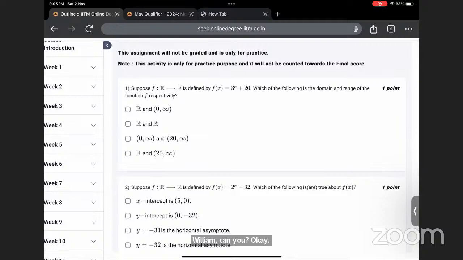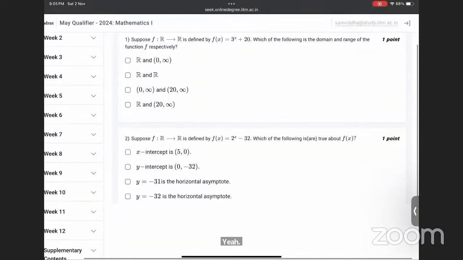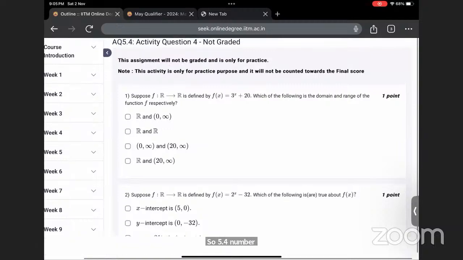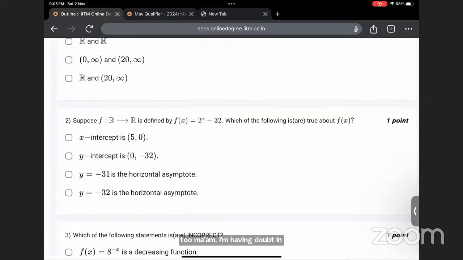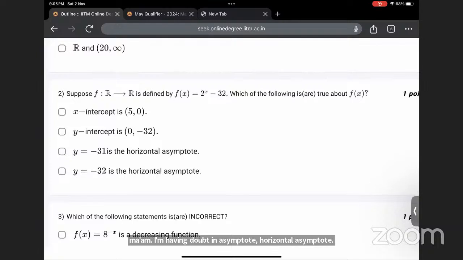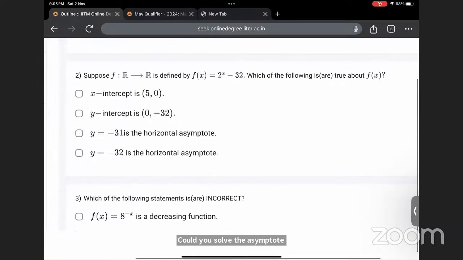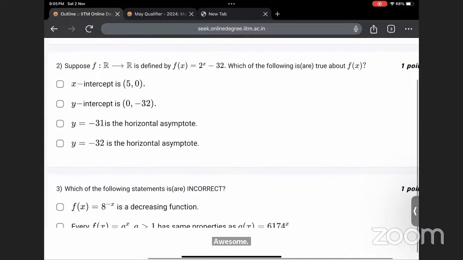So 5.4, question number 2. Ma'am, I'm having a doubt in asymptote, horizontal asymptote. Okay, could you solve the asymptote part only? Sure.